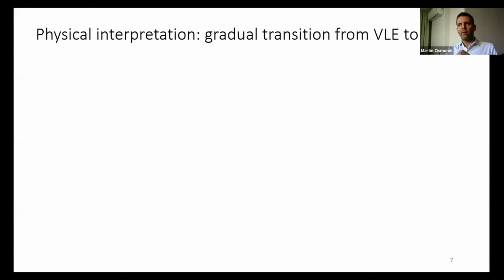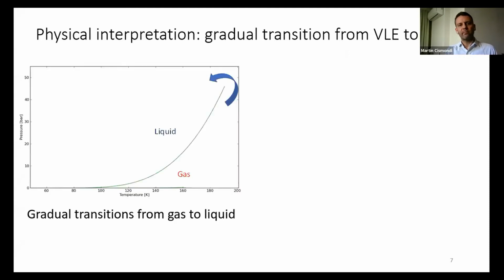If you have any problem accepting or assimilating this idea, I propose you consider the following. If we go back to this simple diagram for pure compounds, you know that you can transform the properties of a gas state like this into a liquid-like state going through the supercritical region, right?